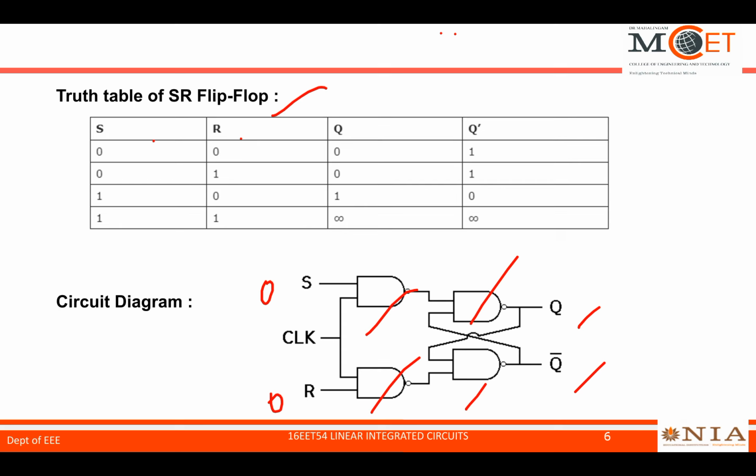If the inputs are 1 and 0, then the output will be 1, that is, it works in set condition. If both inputs are 1, then Qn plus 1, the next state, will be 1 and its complement also is 1, which is invalid. Because of this we have moved to the next flip-flop, called JK flip-flop.